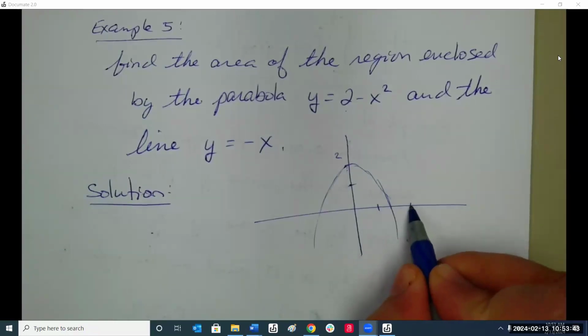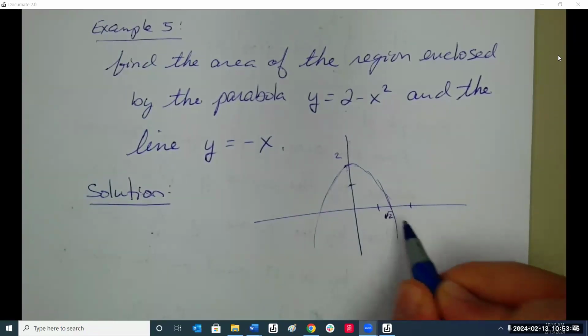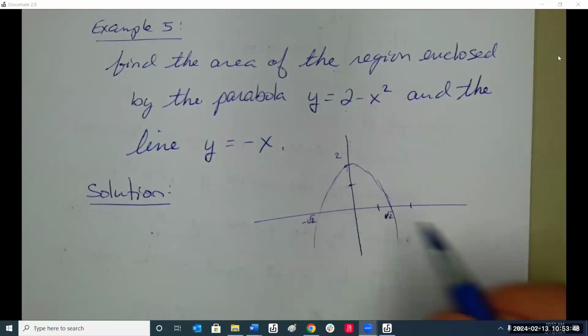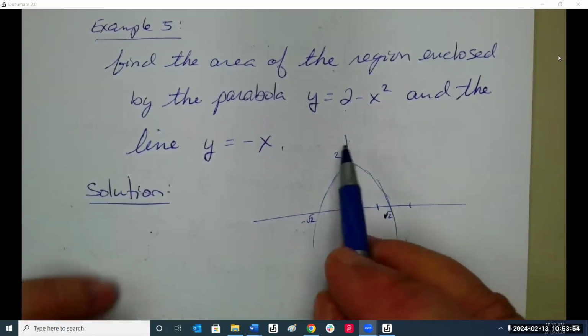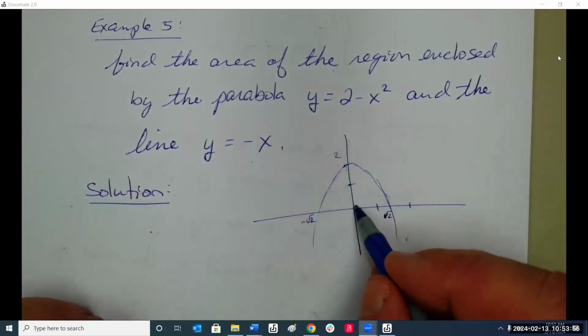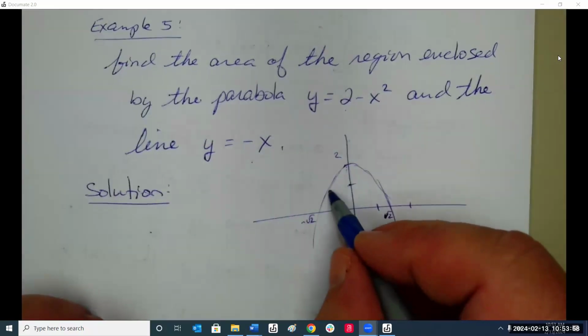It crosses the x-axis at bigger than 1, less than 2, it's just square root of 2, and negative square root of 2. And the line negative x.